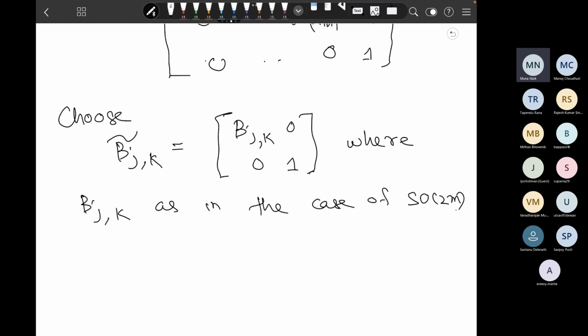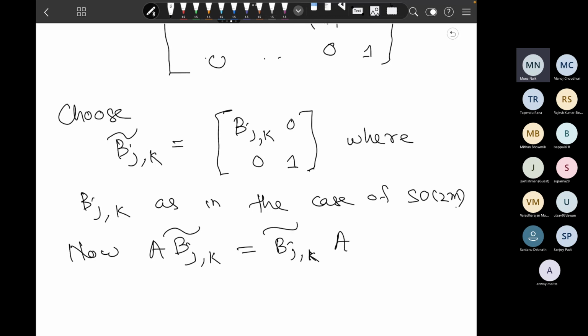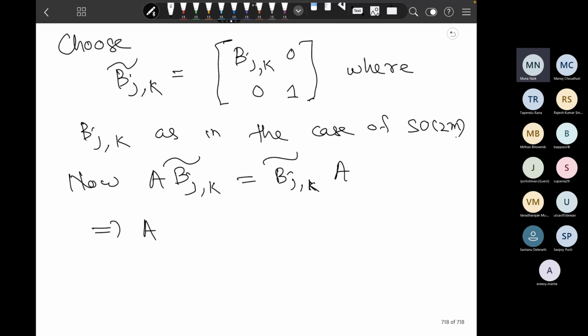Now if you look at A bjk tilde equal to bjk tilde A, from there you will get A is equal to the diagonal of R alpha 1, and so on.